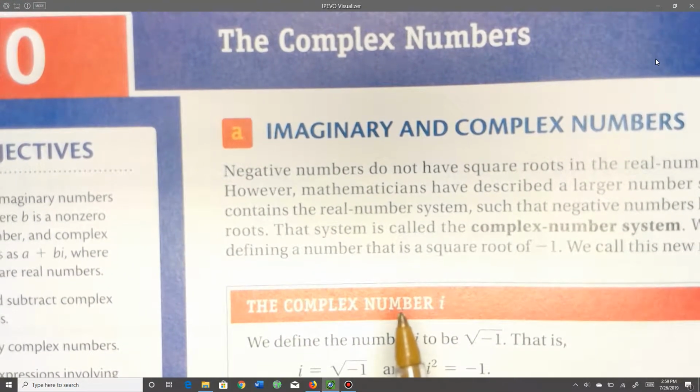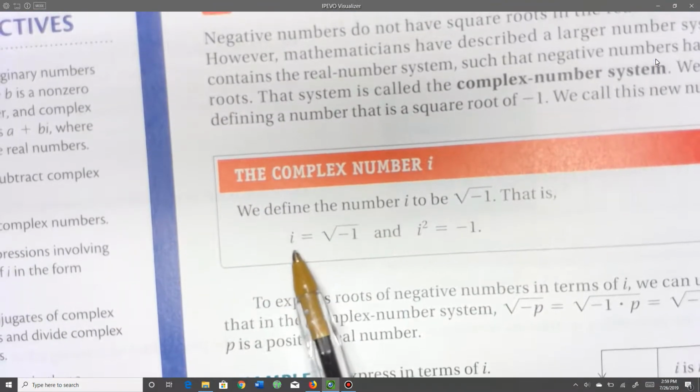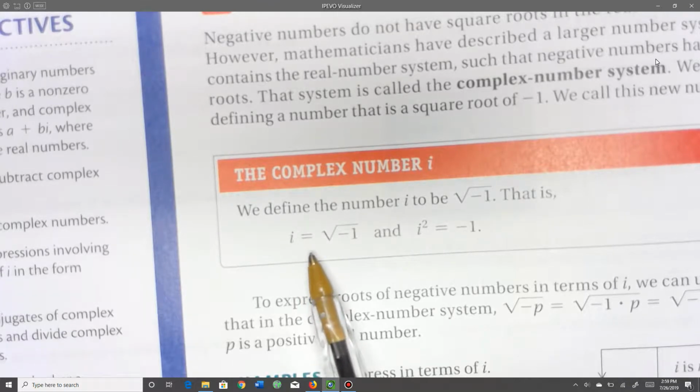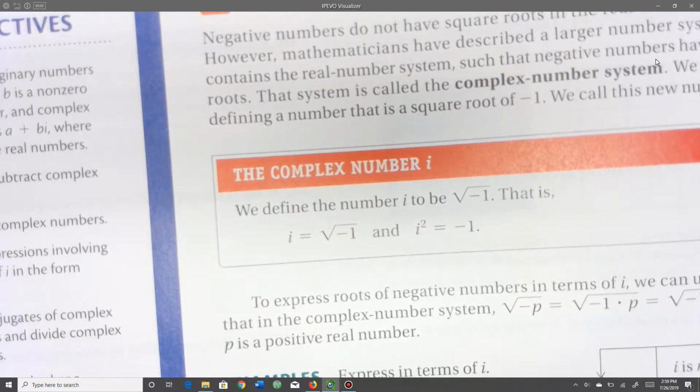There you go. And imaginary numbers like i, for example, you can treat as a variable, and therefore you can perform any operations to it like you would a variable.